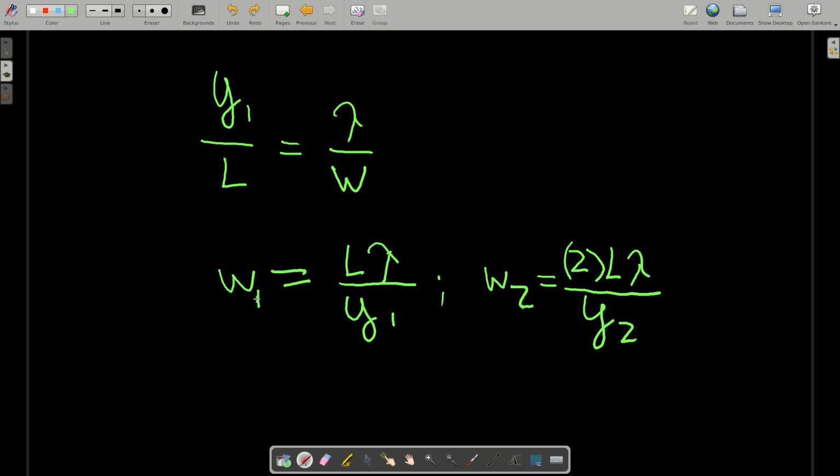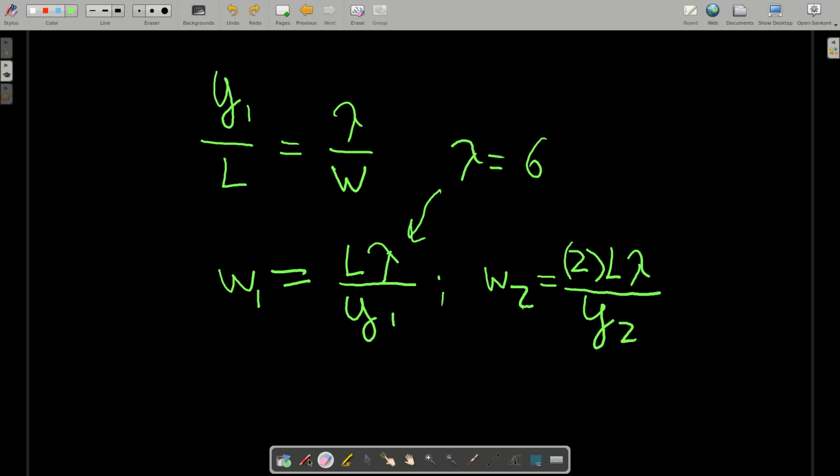All you have to do to find the thickness of the hair 2 times for one hair is to find W1, distance from the laser to the wall, that's L, wavelength of the laser, remember, just to remind you, the wavelength is 633 nanometers.